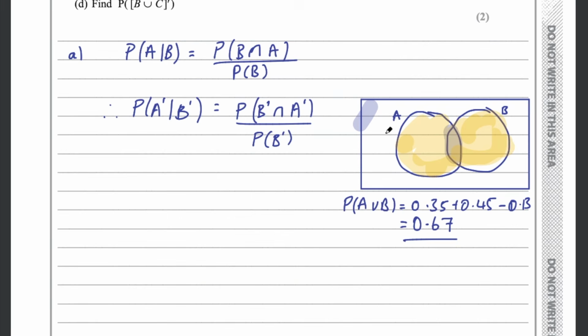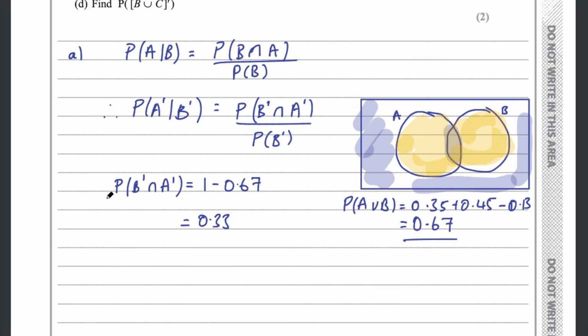Well, how do I work out this area outside here? Well, I just need to do 1 minus this. So we can say that the probability of B complement intersect A complement is going to equal 1 minus 0.67, and that will be 0.33.